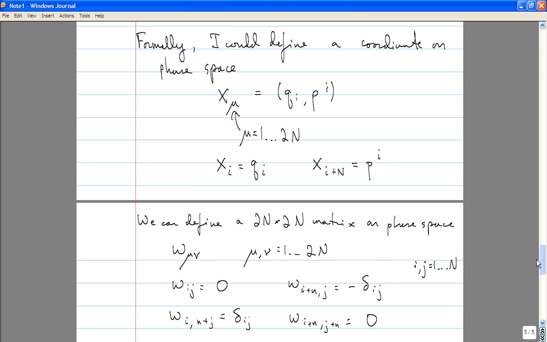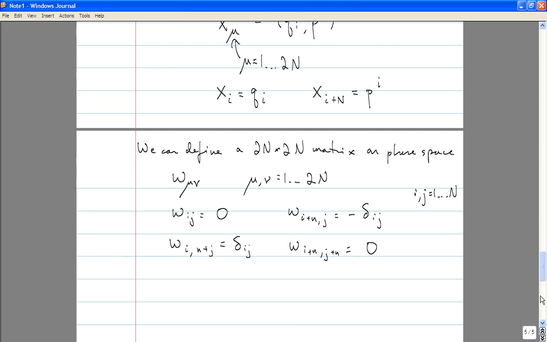So another way of saying that, of course, is that omega is the 2n by 2n matrix whose block form is given by 0, minus 1, 1, and 0. So it's a 2n by 2n matrix, which if you wrote it in n by n block form would be given by 0, minus 1, 1, 0. And then the equations of motion take the following very simple form.